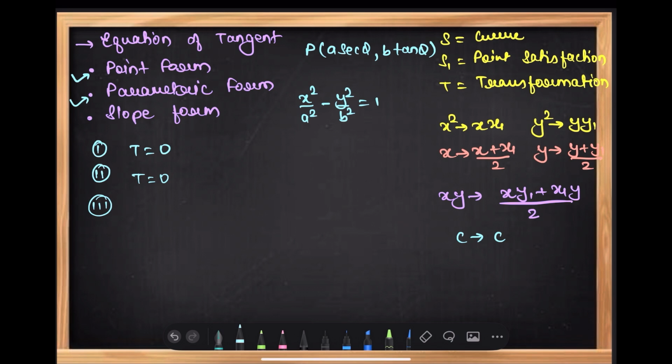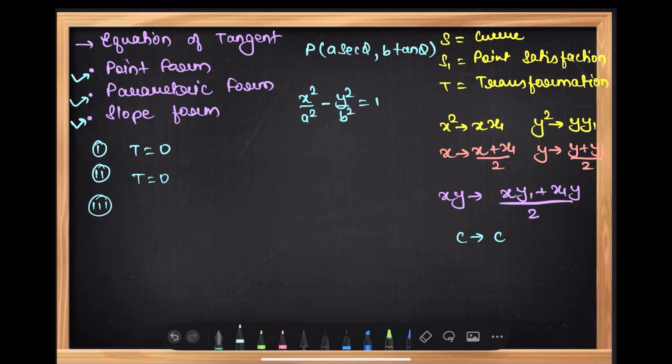Take a point on the curve, put T equals to 0, and you will get equation of tangent. Now you can compare your slope of tangent with given slope of tangent. You will get corresponding perpendicular, base or hypotenuse, and then you can update your equation of tangent. So this way we will handle slope form.